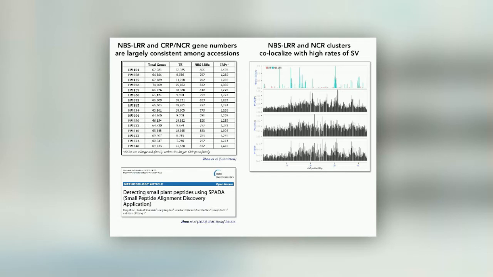And then on this top one, the y-axis is the density of NBS-LRRs or CRPs. So you can see, for example, there are big spikes of NBS-LRR density, those are clusters of NBS-LRRs that are living right next door to one another. And sure enough, they're correlated with regions of the genome that have higher levels of variation, of both base pair and structural variation, as you'd expect.